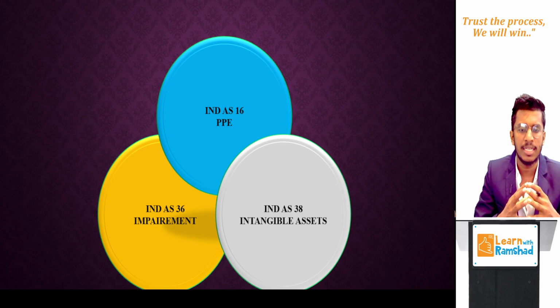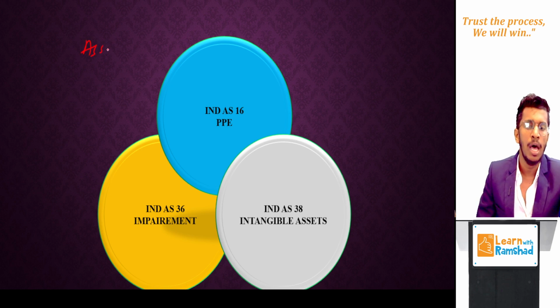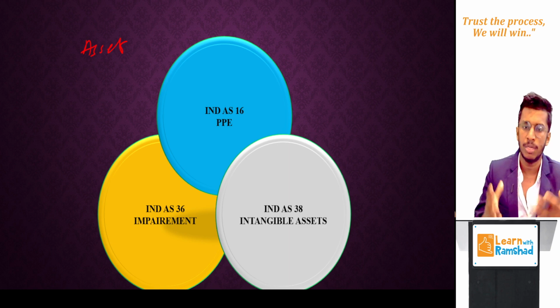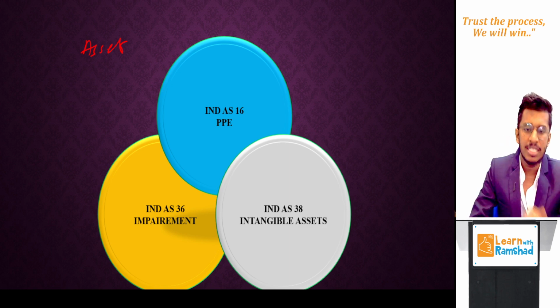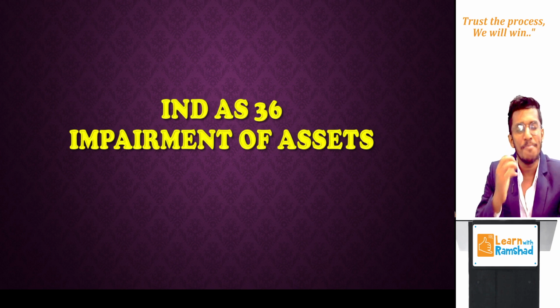And the other specialty is that all these three standards are asset-based standards. That means they give guidelines related to asset recognition and measurement, right? Out of that, the first standard we take is Ind AS 36, impairment of asset.